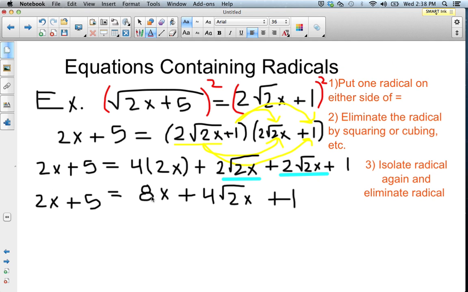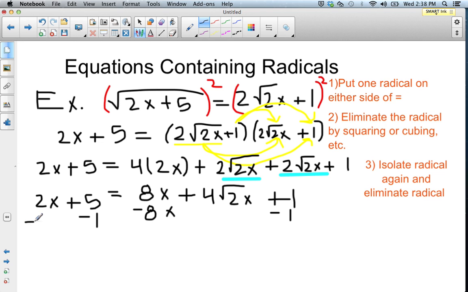So let's see here. We're going to subtract 8x. We're going to subtract the 1, and that's going to get this term by itself. So minus 8x, and I'm going to subtract the 1 in the same step. Minus 1, minus 8x. 2x minus 8x is negative 6x.